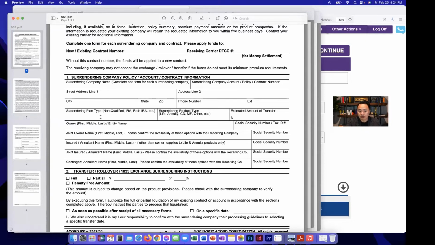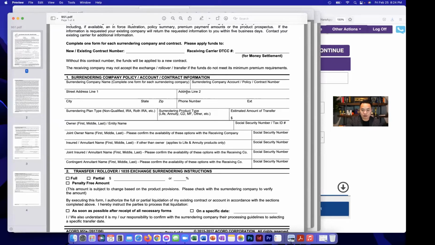You do not put 401k over here, and you do not put 401k in both places. That's incorrect, and you're going to have to redo it.